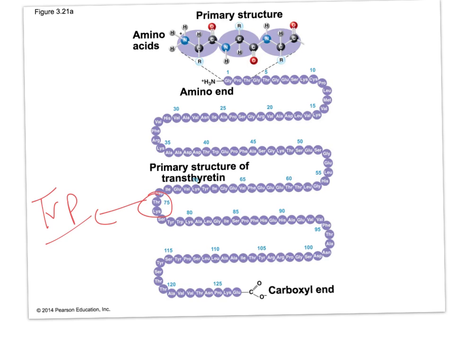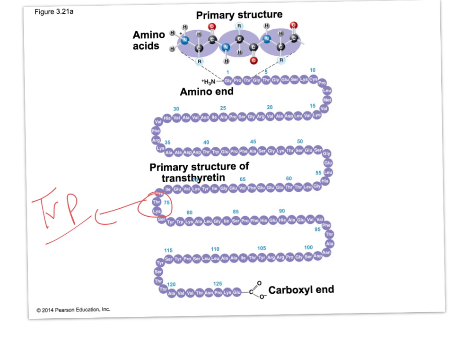I could change the function. There's several different ways, but I change structure by replacing an amino acid. I could change function. I might not, the cell might not change function. And that could happen as well.